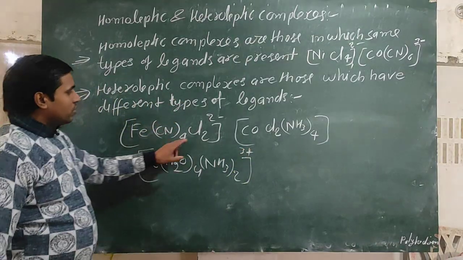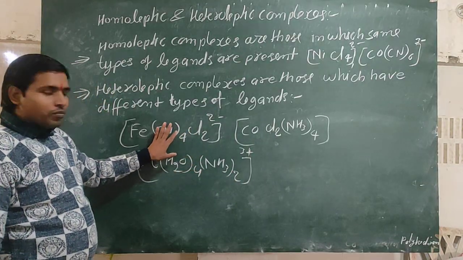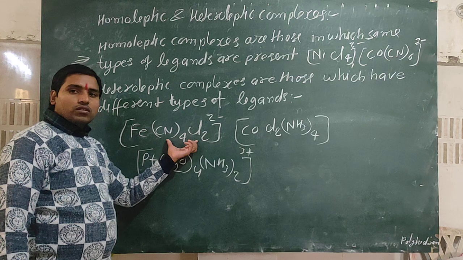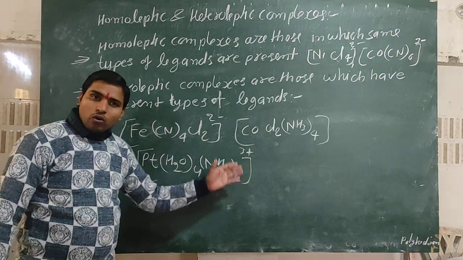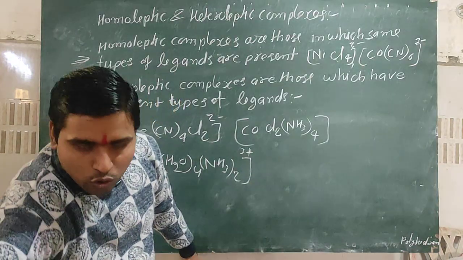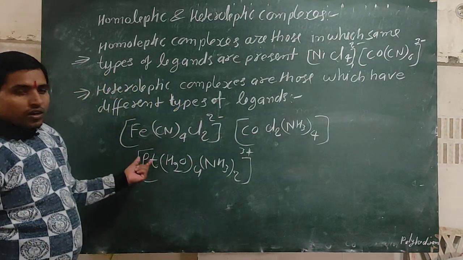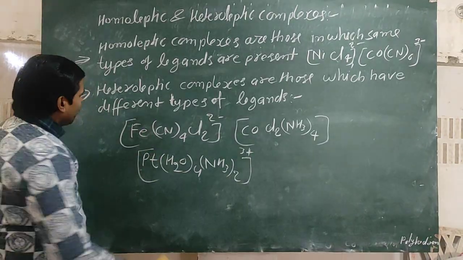In these complexes the ligands are of different types. If more than one type of ligand is present, then it is known as heteroleptic complexes. I hope you now understand what homoleptic and heteroleptic complexes are.